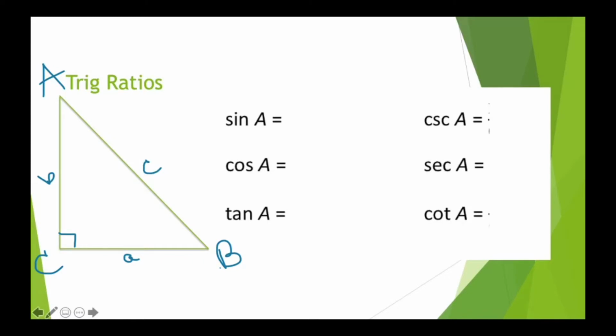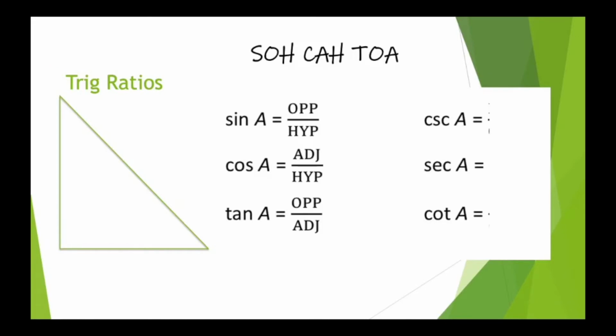Now we're going to learn these trigonometric ratios here. Trigonometric ratios for sine, cosine, and tangent will fall under the acronym of SOHCAHTOA. And the SOHCAHTOA are the abbreviations for these ratios of the sides.